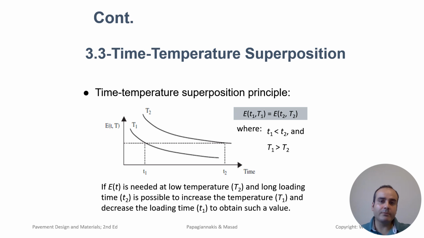This relationship allows engineers to use short-term laboratory tests to predict long-term pavement performance. For example, a quick test at high temperatures can simulate the effects of years of traffic loading in colder climates. Time-temperature superposition is a fundamental tool for predicting creep, fatigue, and rutting behavior in asphalt pavements.